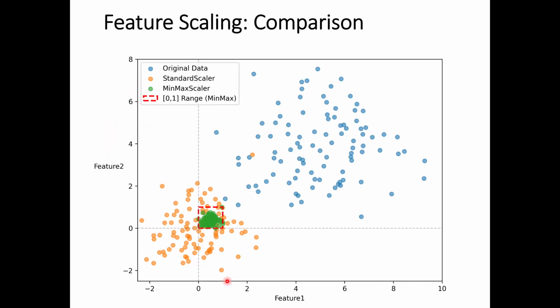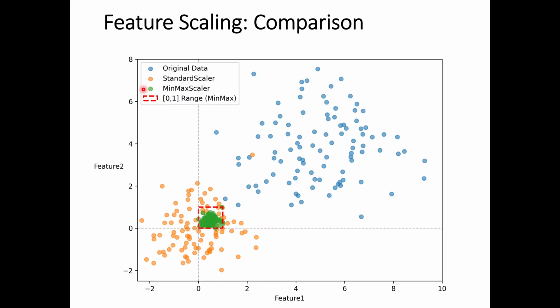You can see that the mean of both features has become 0. Most of the points now fall within the range from -3 to +3. This follows from the well-known 3 sigma rule, which states that for a normal distribution, about 99.7% of the data lies within 3 standard deviations from the mean.